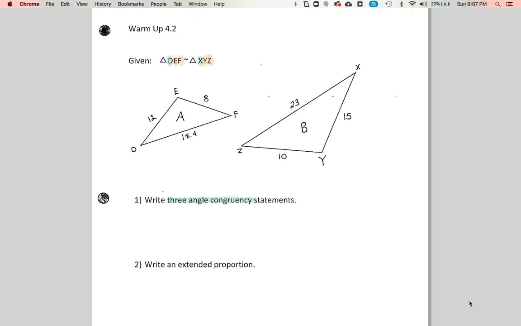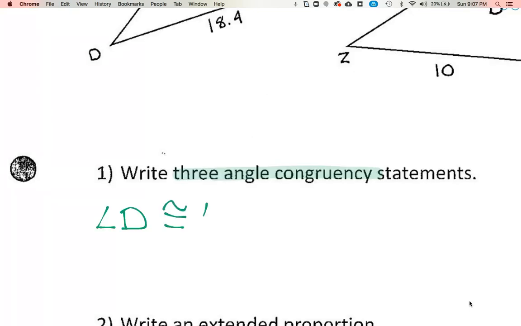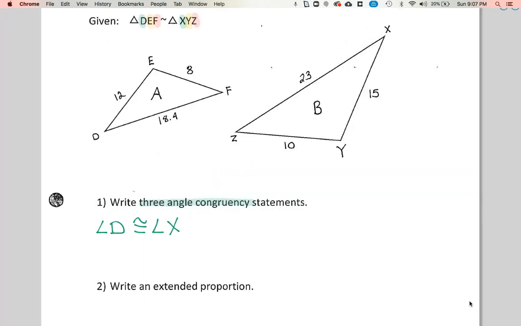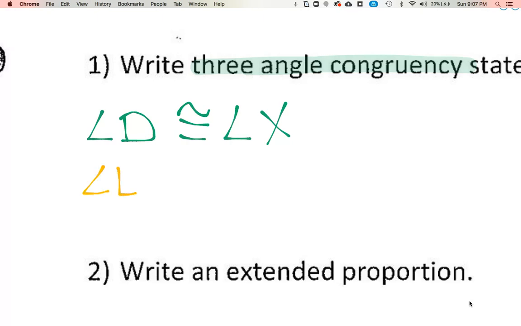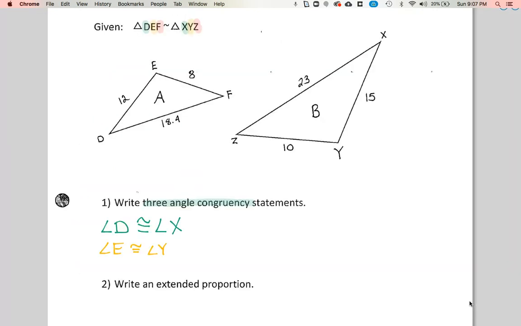So D goes with X, so angle D is congruent to angle X. E goes with Y. And the last one up here, F goes with Z.